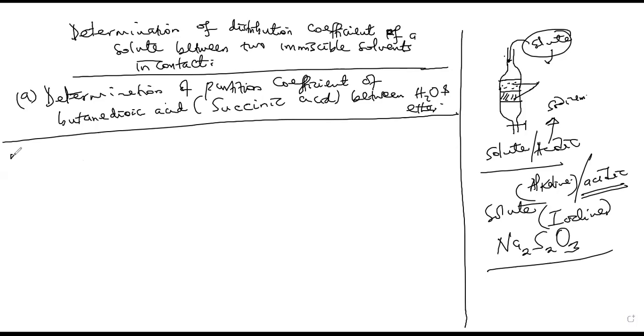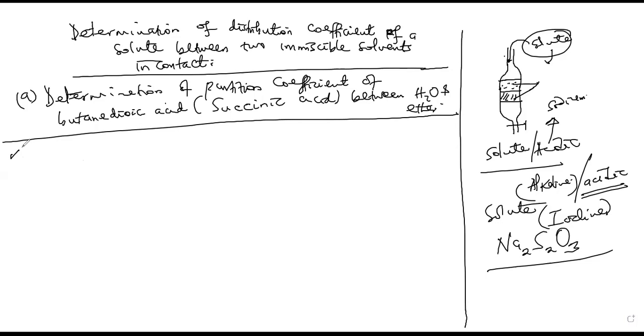The procedure is you get a known mass of butane dioic acid and you add it to a known volume of water in a separating funnel, and then a known volume of ether is also added. Then you have to shake the mixture when it is sealed and allow it to settle so that equilibrium is established at constant temperature.